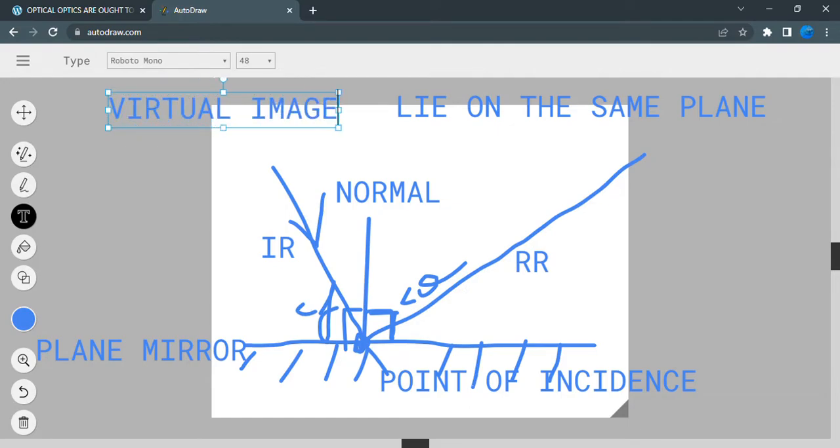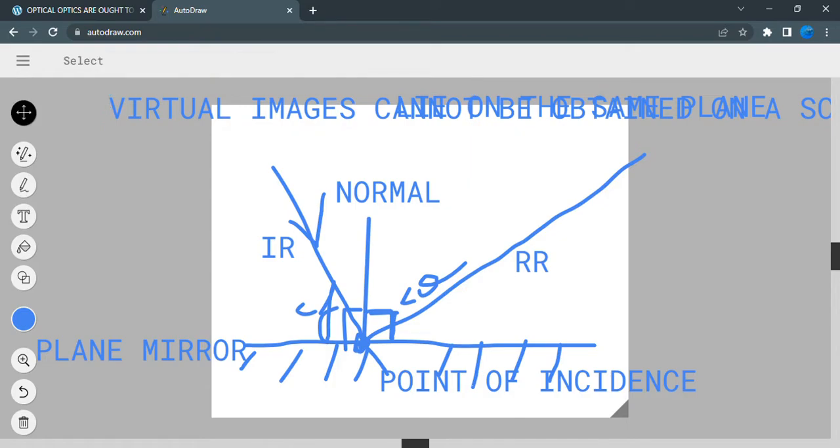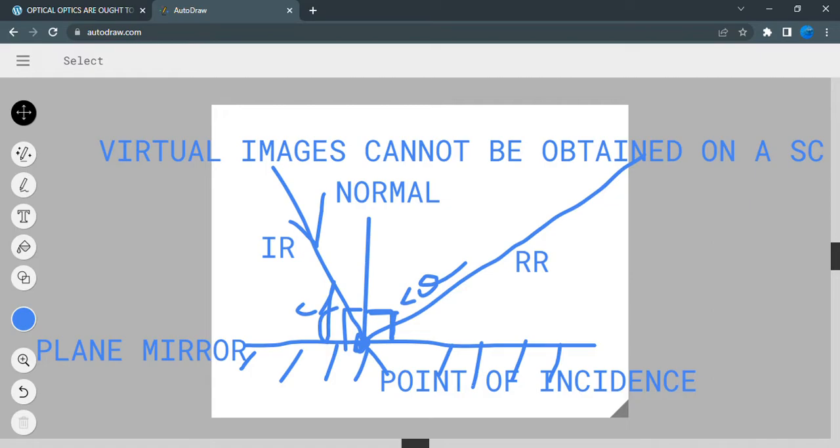Virtual images cannot be obtained on a screen, which means that we cannot obtain the image from a mirror on a screen.